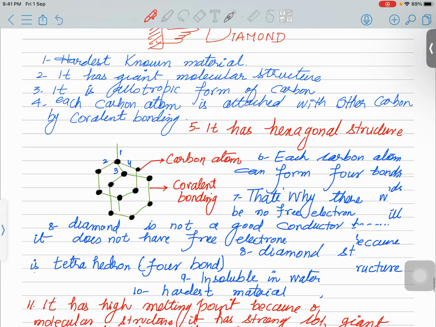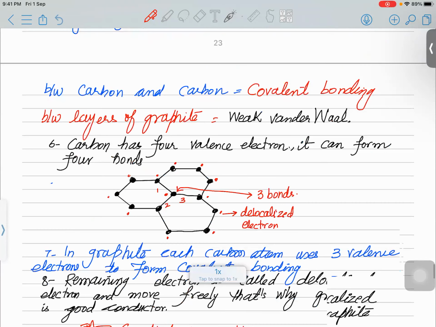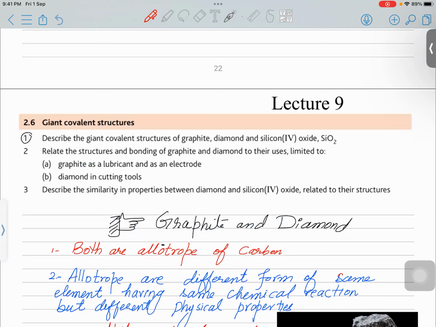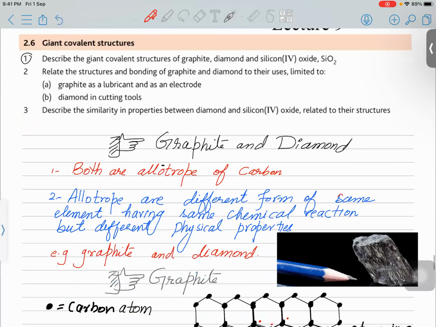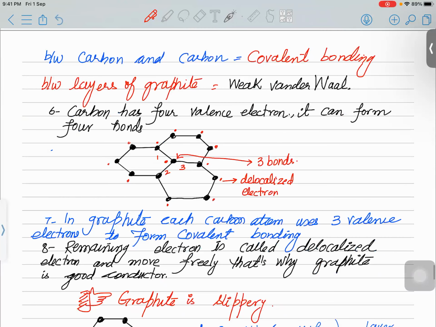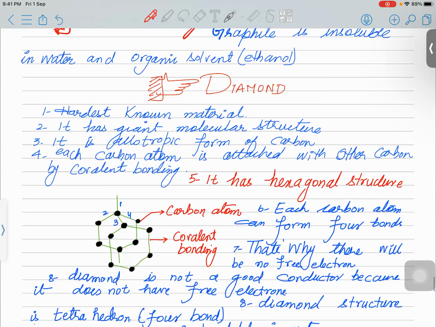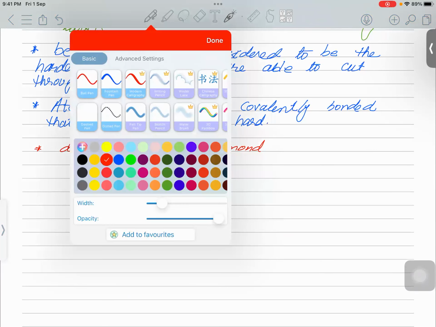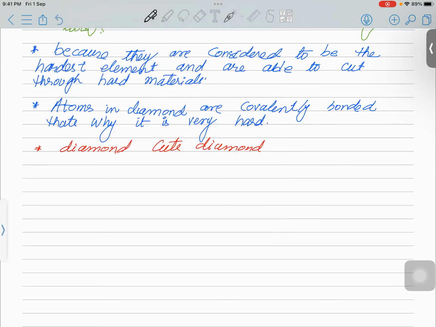Next is, describe the similarity properties between diamond and silicon dioxide related to their structure, right? First, compare diamond and graphite.